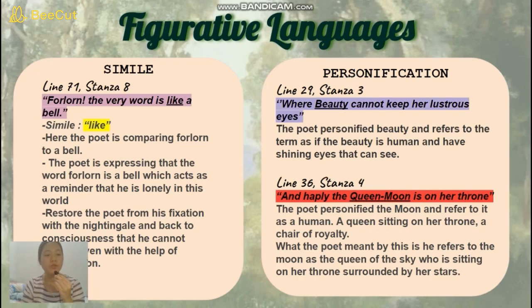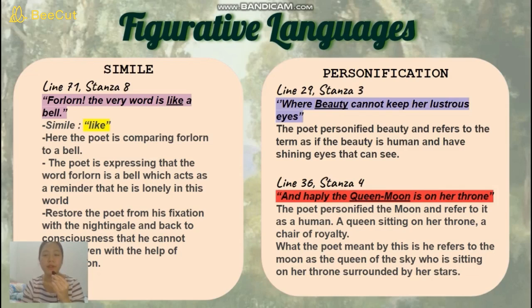It is also meant to restore the poet from his fixation with the nightingale, which is a big symbol in the poem, and back to consciousness that he cannot escape life even with the help of his imagination. So the word "like" is used to compare forlorn and bell, which makes it a simile.